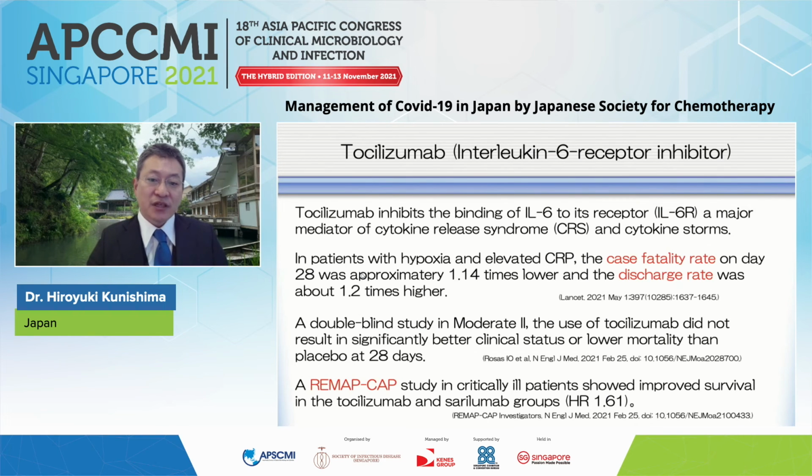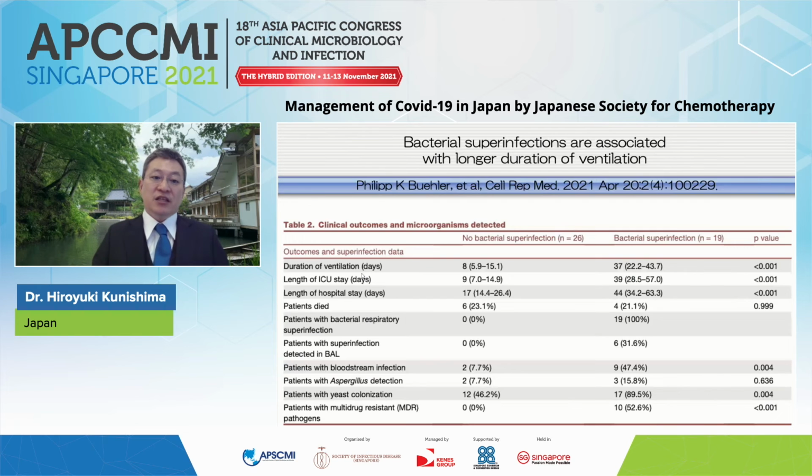In addition, severe cases are also administered an IL-6 inhibitor to avoid cytokine storm. In severe cases, patients receiving steroids or immunomodulators become immunodeficient and have a higher risk of sepsis.